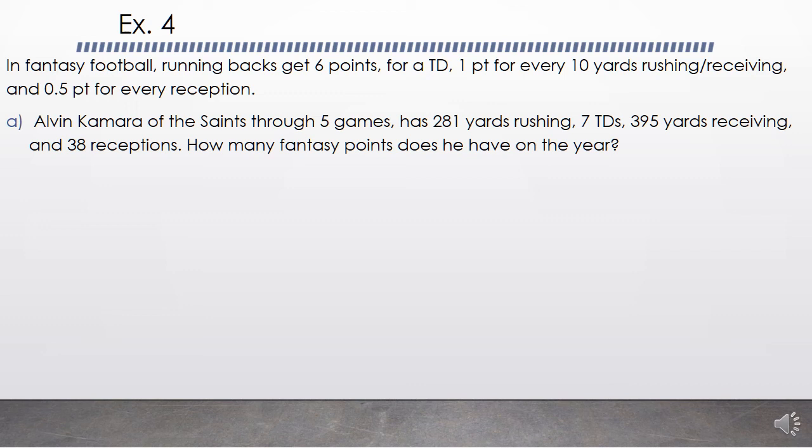So again, you don't have to know anything about fantasy football. I've given you all the information. So let's start with the first thing. You get 6 points for a touchdown. He's got 7 touchdowns. So just to organize what we're doing here, touchdowns, he has 7 of them. You get 6 points per touchdown. That's 42 points.